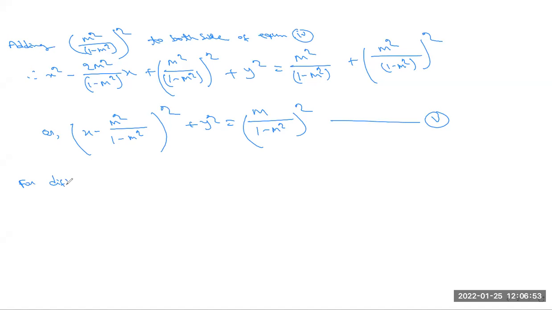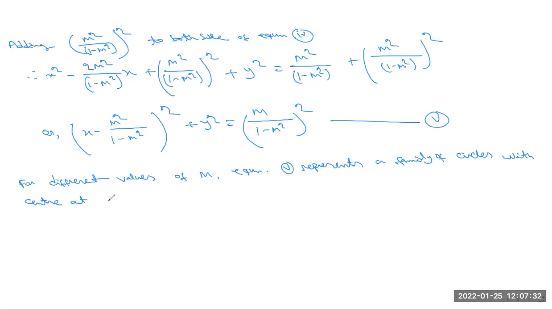For different values of m, equation 5 represents a family of circles with center at x equals m square by 1 minus m square, this is capital M, where y equals 0, and radius as m by 1 minus m square.